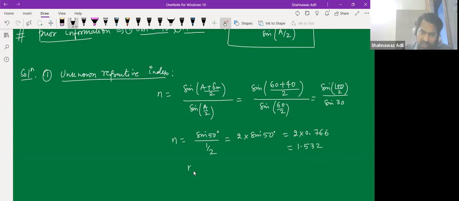So this is the unknown refractive index.